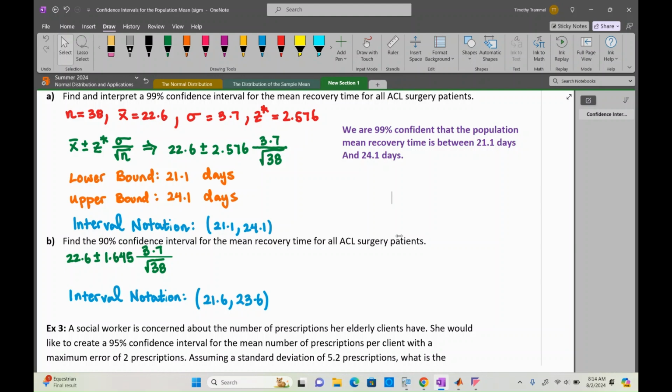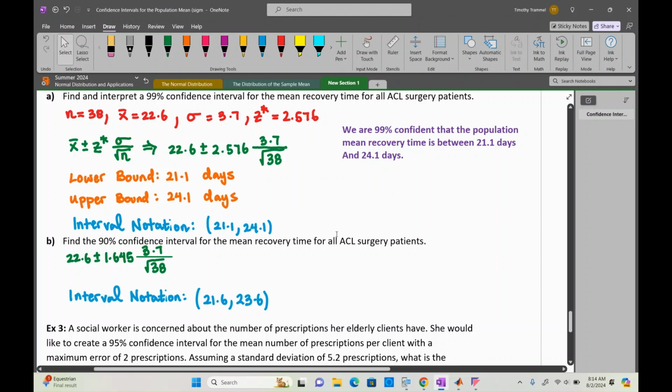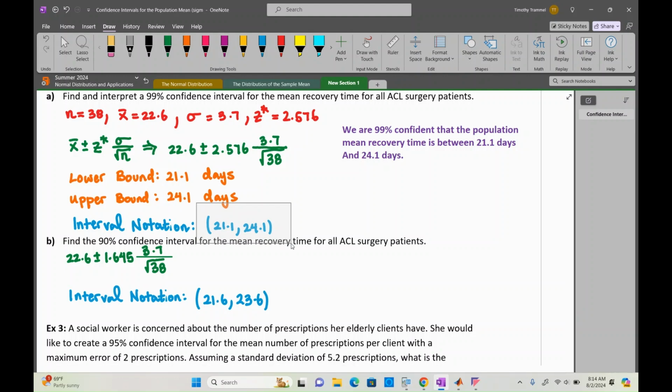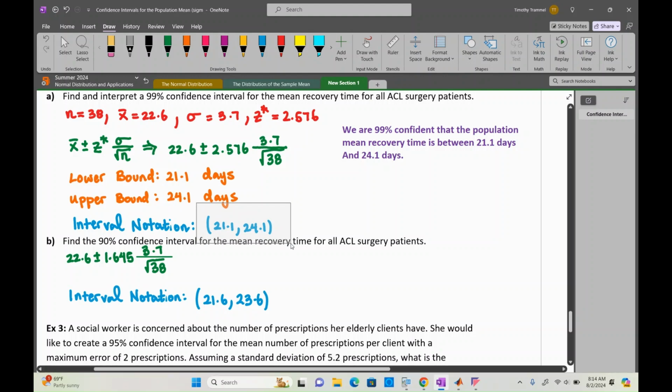But if your confidence interval is extremely wide, it fails to be meaningful. For instance, let's pretend that our very first confidence interval went from 0 to 90 days. Well, that's not doing a very good job of narrowing down on the population mean.